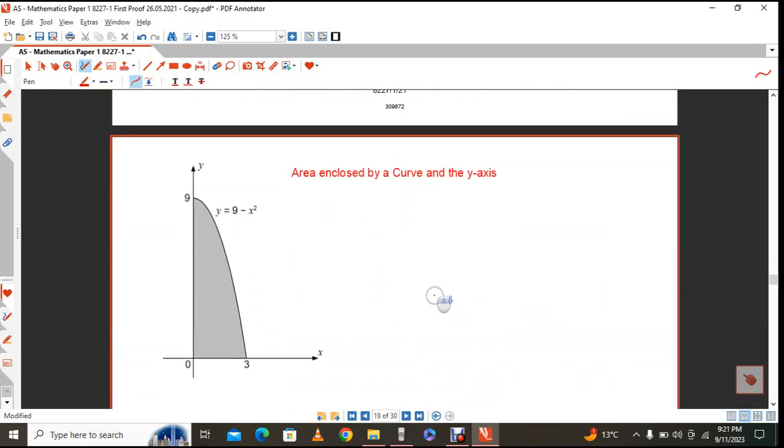I want to do the area by looking at it with respect to the y-axis, right? But before I do that, I want to introduce you to this particular rule over here.